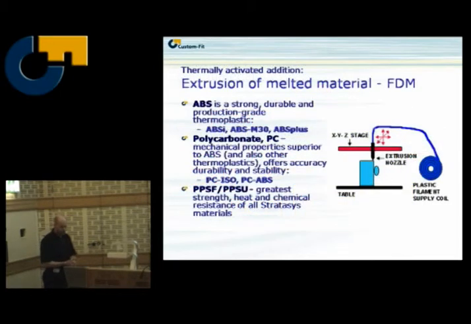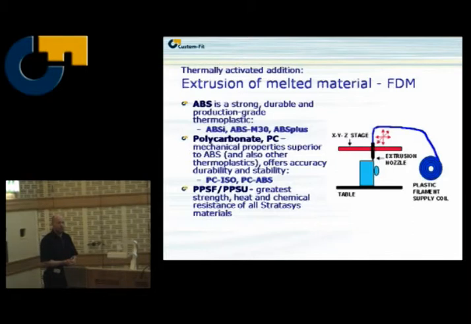FDM, an overlook. Basically the most common material, from Stratasys, which is the only vendor of FDM equipment in Europe and West. There are a couple of companies in China too, but I don't think they sell anything here. It is ABS. ABS materials are the most common. It's pretty good, it's real ABS.